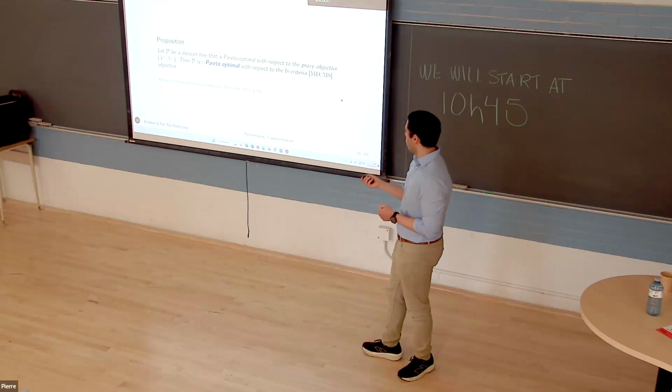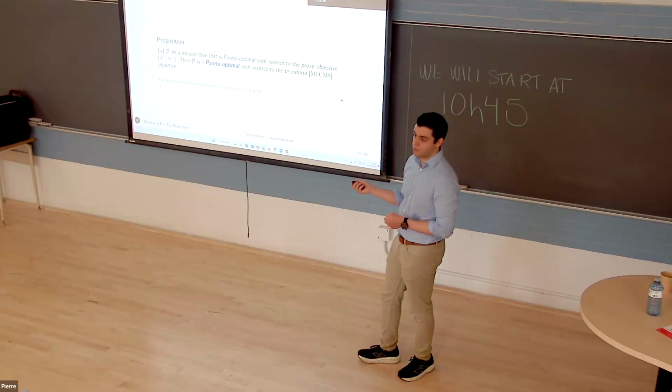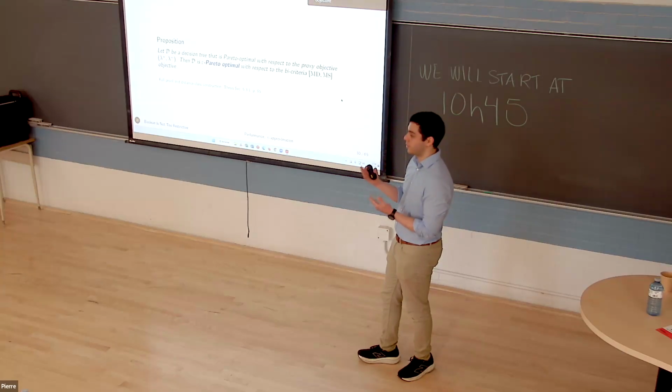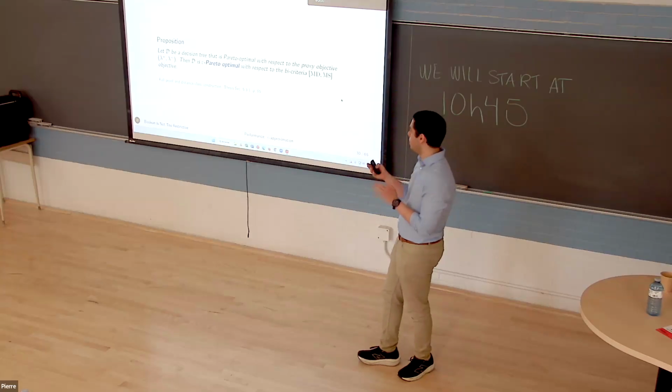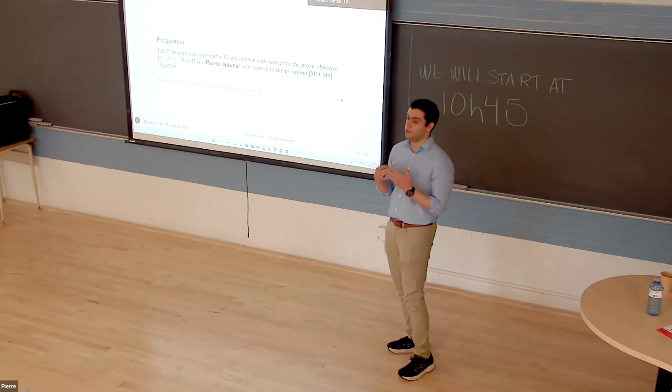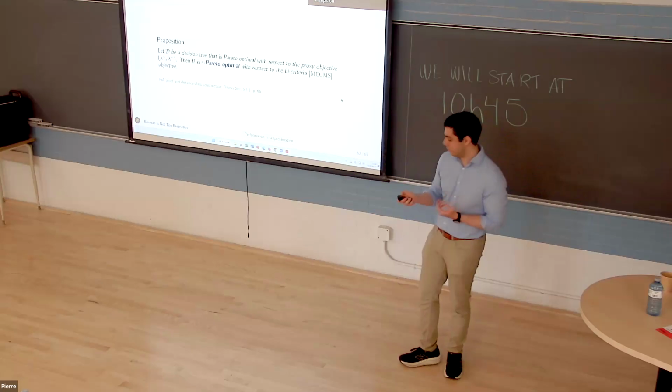In order to have some sort of guarantee, we define this epsilon Pareto optimal notion. Just like when we had one objective, where we claimed that when we approximate the solution, we are epsilon far from the actual optimal value, in the Pareto sense we say that it's in an epsilon neighborhood of the optimal value.